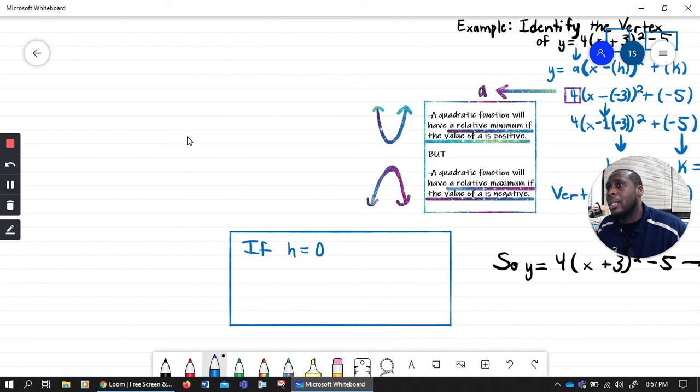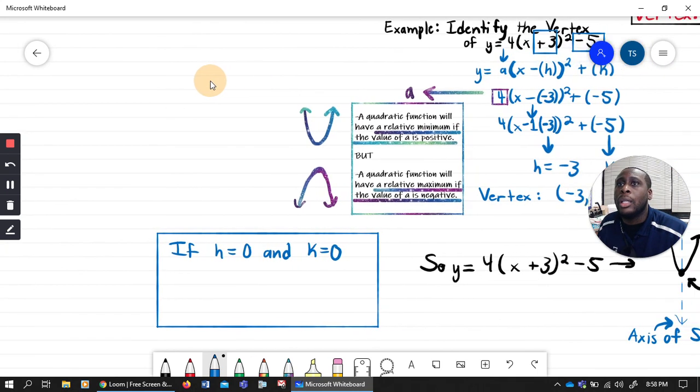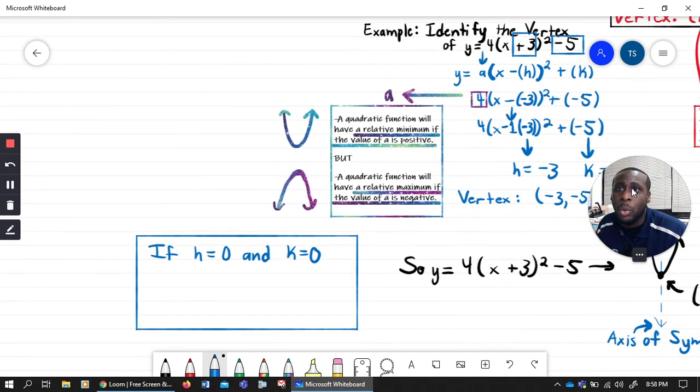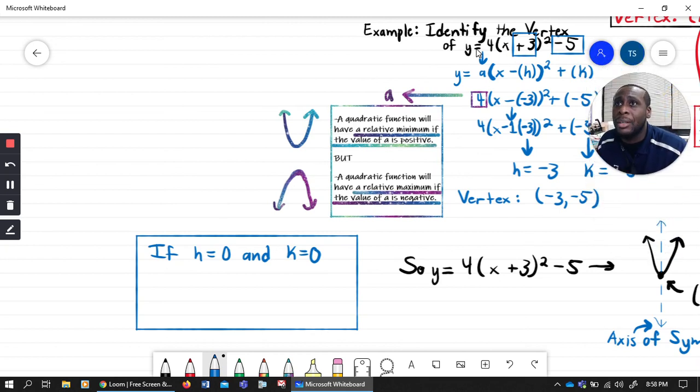If h equals 0 and k equals 0, and I was using pretty much that same equation as what we already have here, but we still had the same a value, then it would just look like 4x squared, right? If the a value was 4.